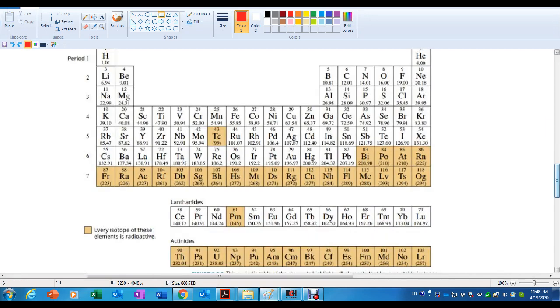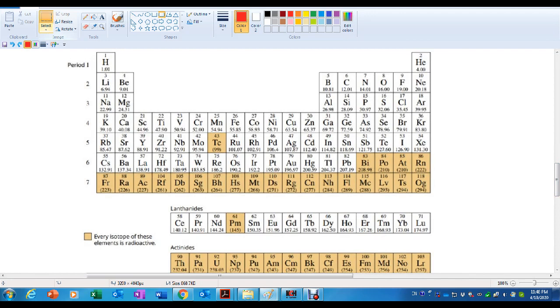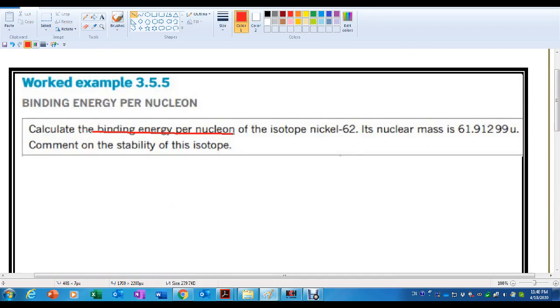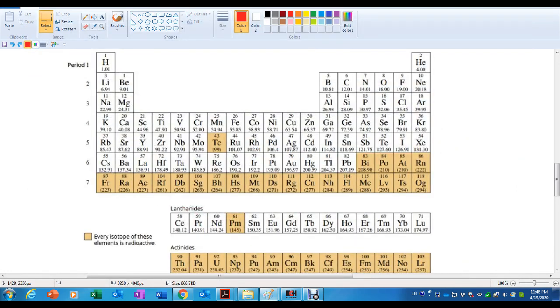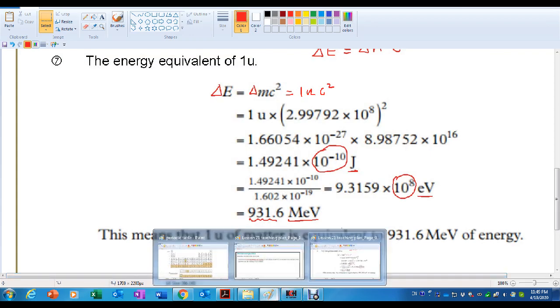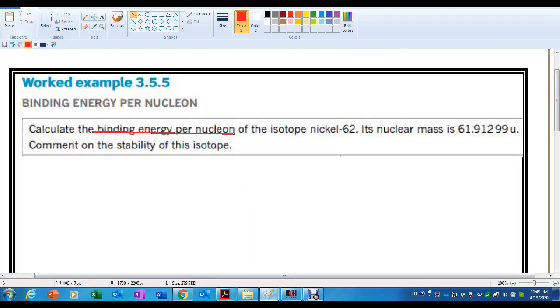Here's our periodic table. Let's find which one is nickel. So here's nickel, let me copy it here. Yeah, that's nickel, right?